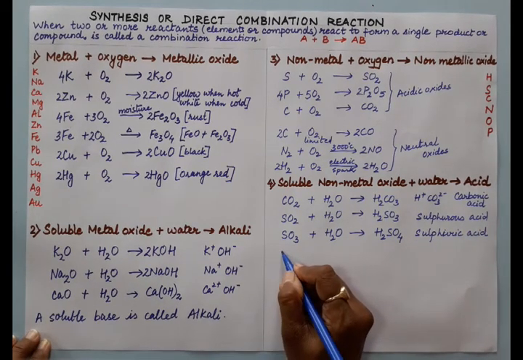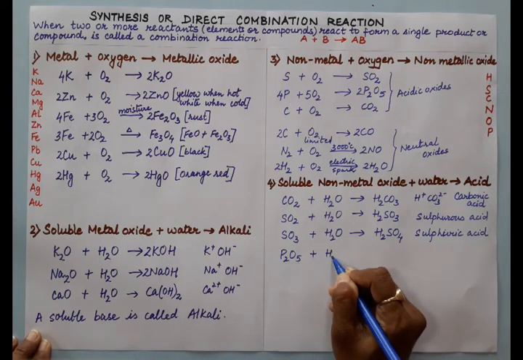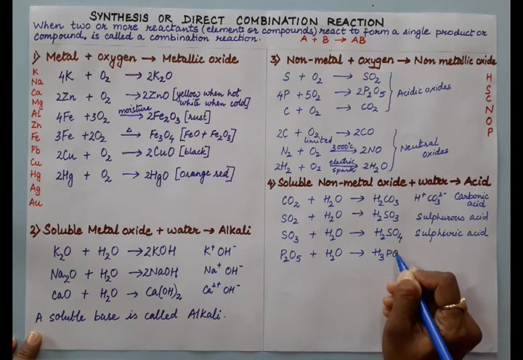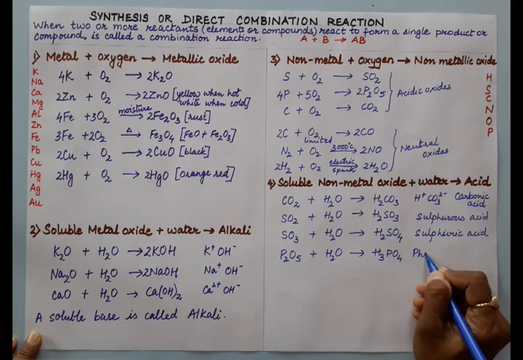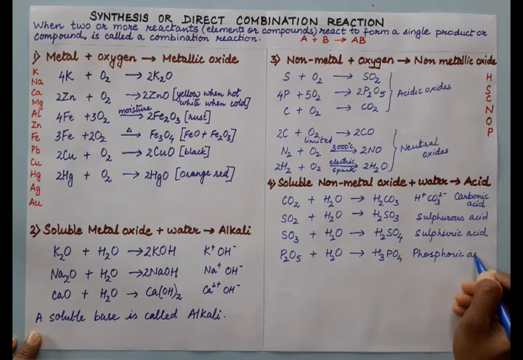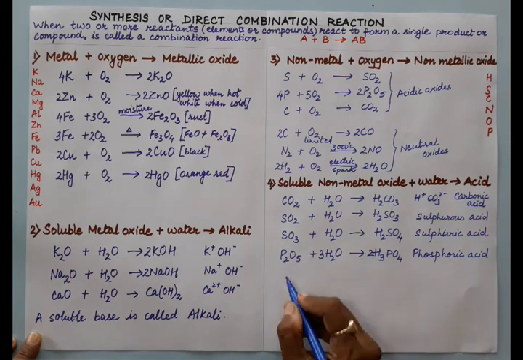Then P2O5, phosphorus pentaoxide, dissolves in water, we get H3PO4, phosphoric acid. Now to balance we have to put 3 here.